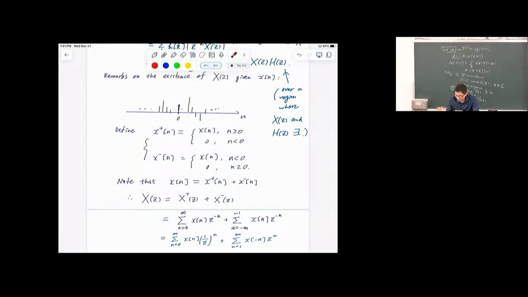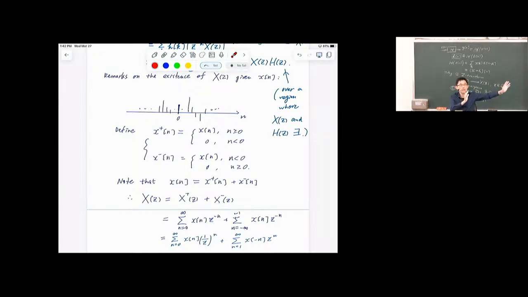It should be pretty clear that x of n equals x plus plus x minus, the sum of the two. Because one is defined strictly from time 0 and later, and the other is defined strictly before time 0. So that's basically the right-hand side part and the left-hand side part with the boundary at time equals 0.